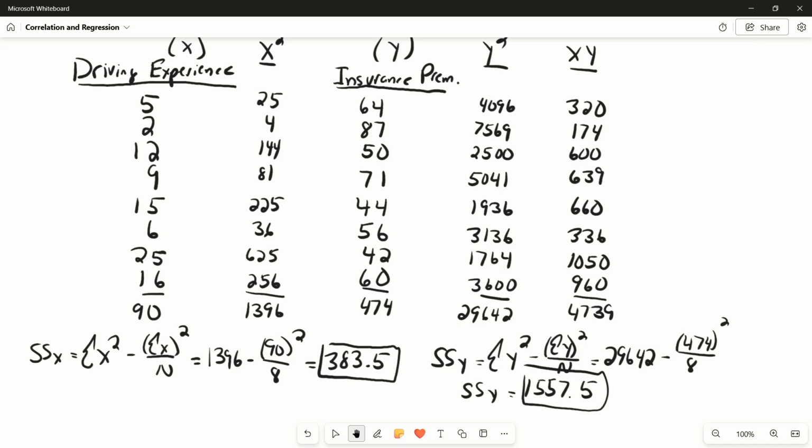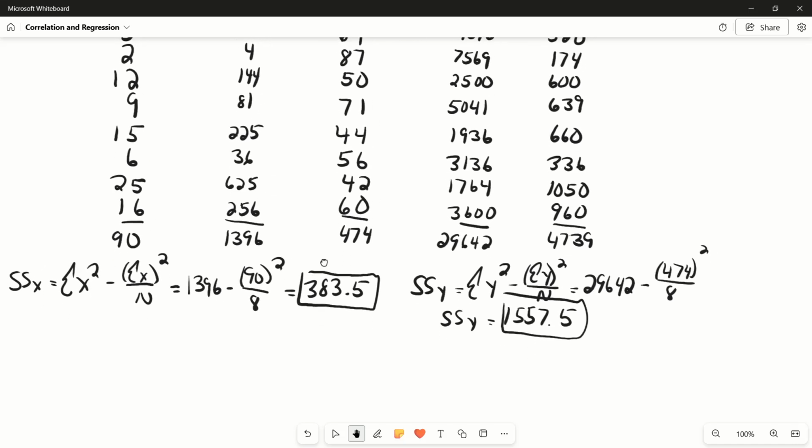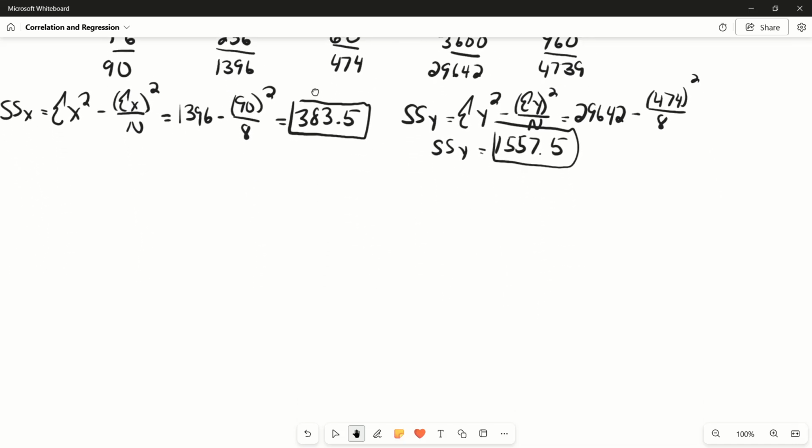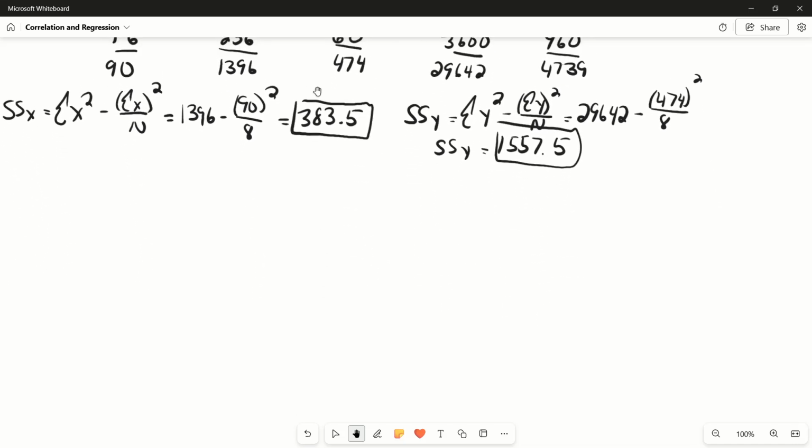So we did sum of squares x, we did sum of squares y. Now we're going to do the SP. We're going to calculate SP. So we have SP is the sum of xy minus the sum of x times the sum of y over n.